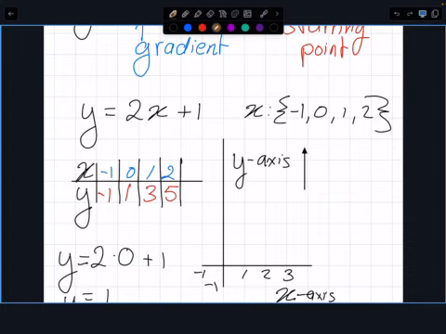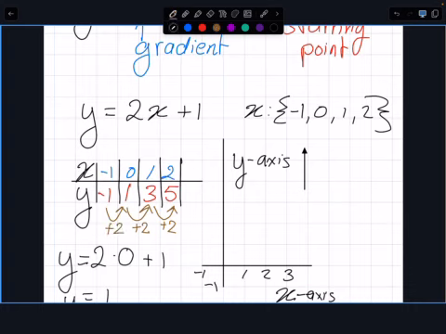So, look closely. From 1 to 3, what happens? I add 2. If I go from 3 to 5, I add 2. So you can imagine if I go from x is minus 1 to x is 0, I also add 2.